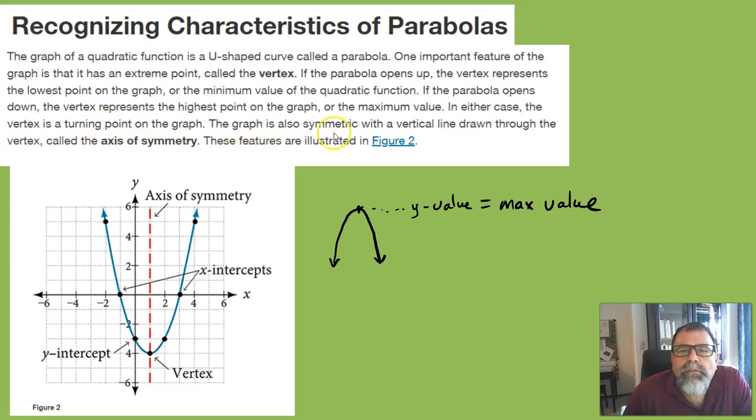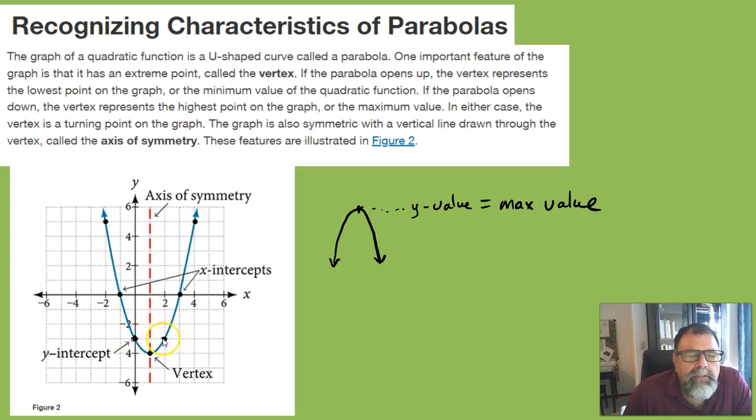The graph is also symmetric about a vertical line drawn through the vertex, which we call the axis of symmetry. So this vertical line is what we call the axis of symmetry. Any point on the right side of this, like this point here, has a mirror image, the symmetric point, which is this one.